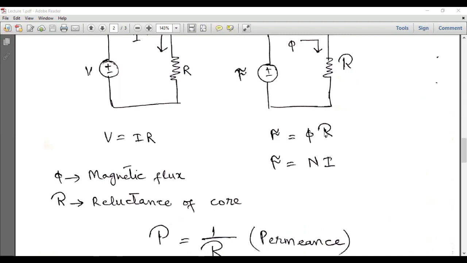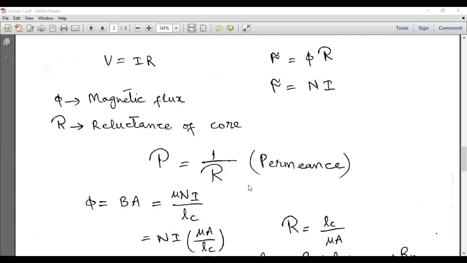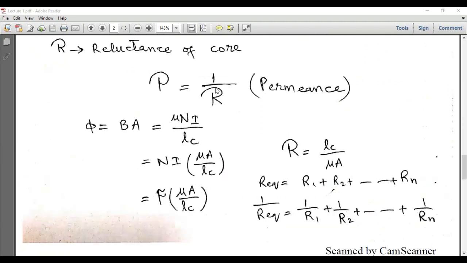Magnetomotive force is equal to flux times reluctance in the same way as voltage is equal to current times resistance, and also magnetomotive force is equal to number of turns times the current. So the reciprocal of the reluctance is called permeance, and there can be several reluctances connected either in series or parallel.